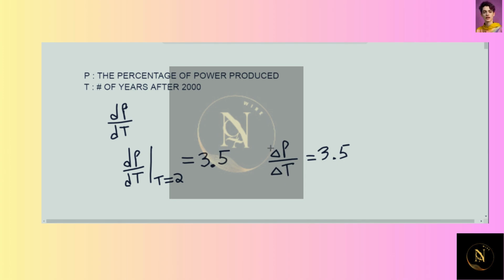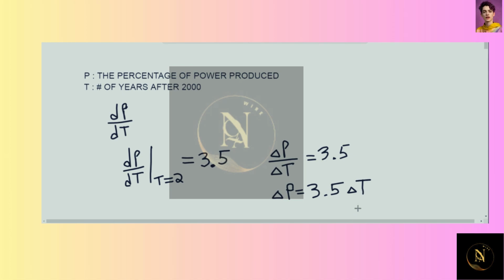But we're using this quotient to approximate that derivative. And so delta P over delta T equals 3.5. So if we multiply both sides by delta T, delta P is equal to 3.5 times delta T.